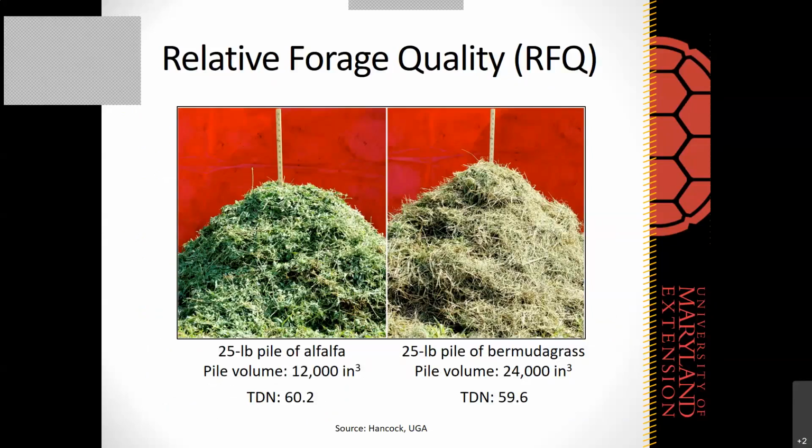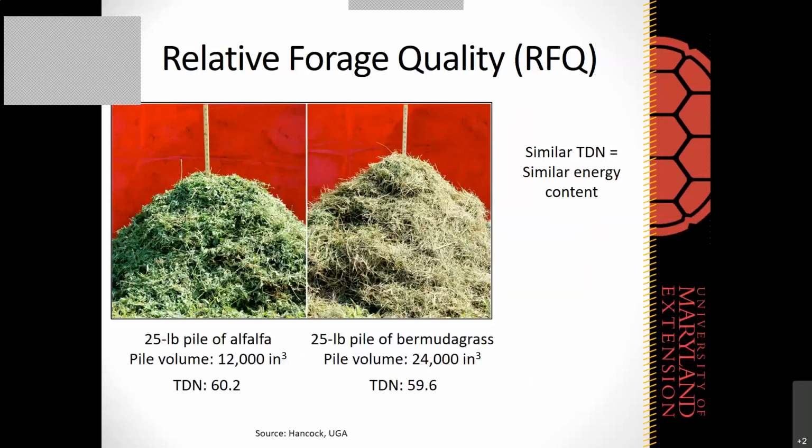So for relative forage quality, what's the difference here? Well, we have a similar TDN, so a similar energy content, but if you look at the pile volume, it's a lot bigger for the Bermuda grass. The RFQ, as a result, is higher for the alfalfa than for the Bermuda grass hay.